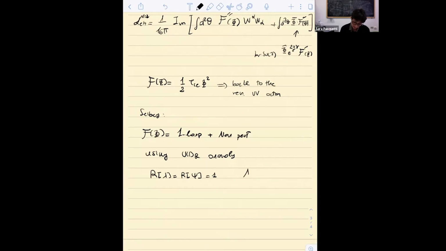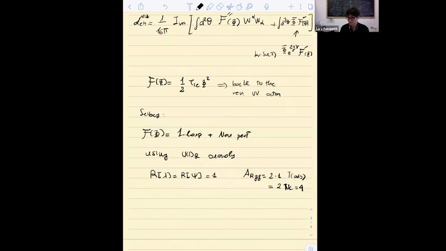So when we calculate our triangle diagram, we get twice, because the contribution of gaugino and psi is the same, times T of the adjoint. So this is 2 times T of the adjoint of SU(2), which in this case is 4.